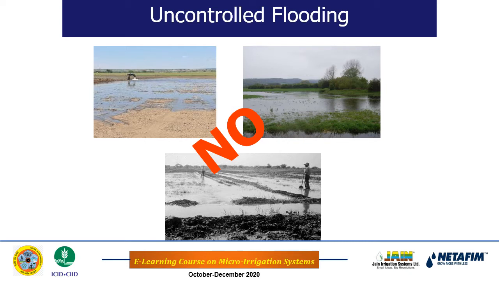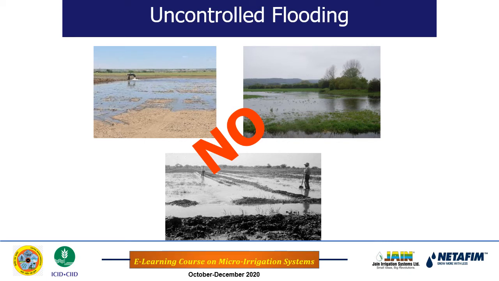You see that there is a lot of ponding. So some portion of the land is wetted, some portion of the land is dry. But still traditionally this method was practiced actually. On one side we say that this is not an irrigation method, but on another side we also classify this into the surface irrigation method.